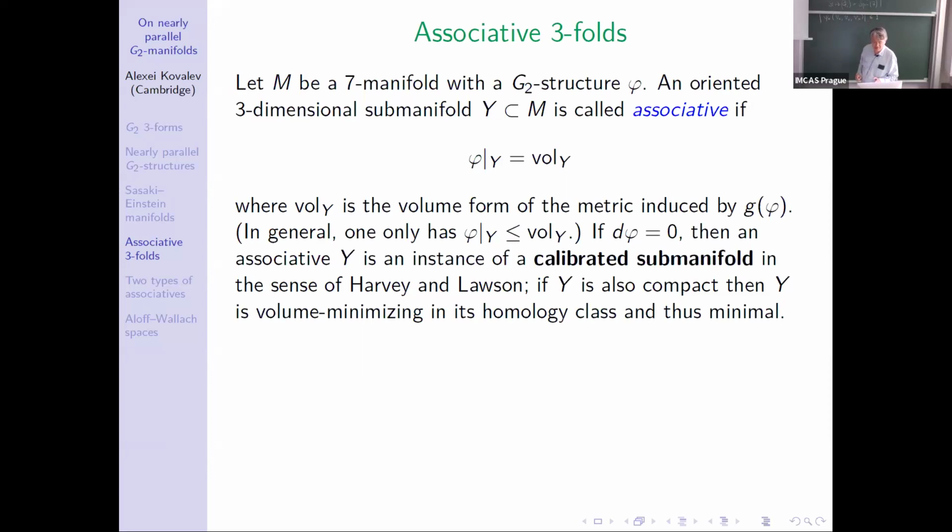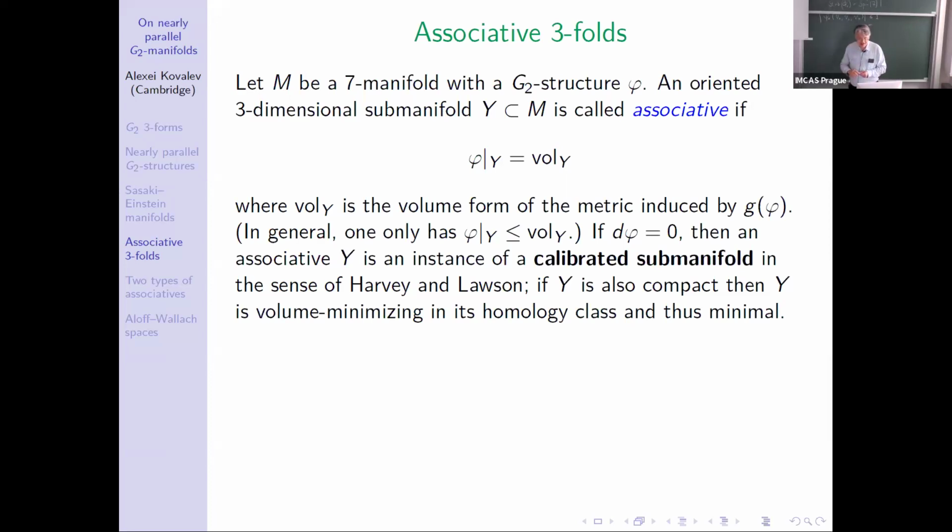It would be less or equal. So if the submanifold Y is such that equality is attained at every point, then we say that Y is associative. Another significance of the associative condition is that if here we have equality, that implies that v1, v2, v3 form a subalgebra of the 7-dimensional cross product algebra. So this subalgebra, of course, will be isomorphic to the vector product algebra in 3 dimensions.